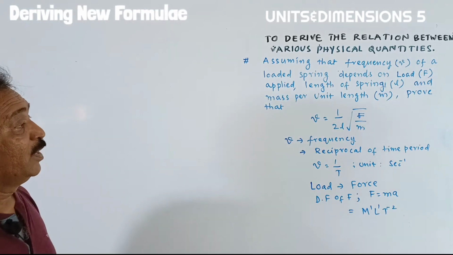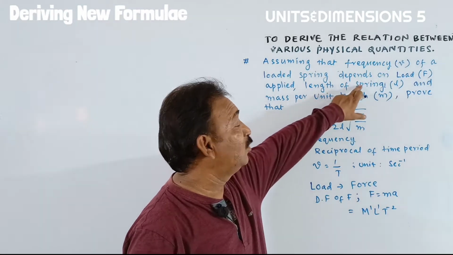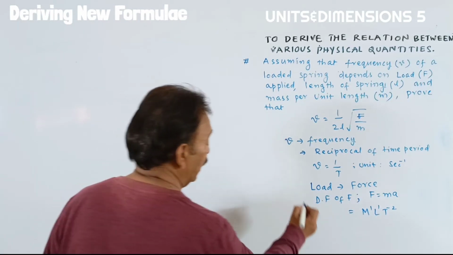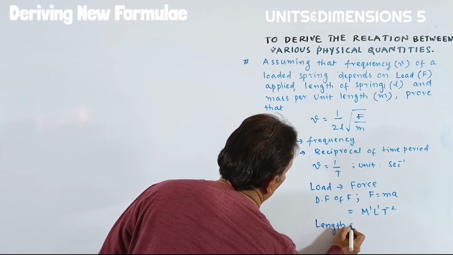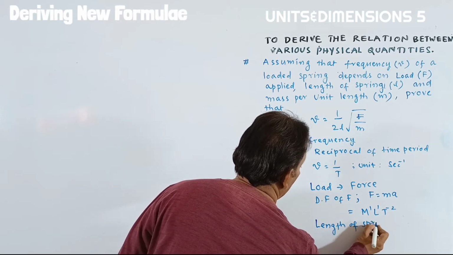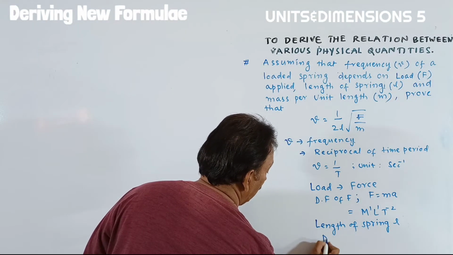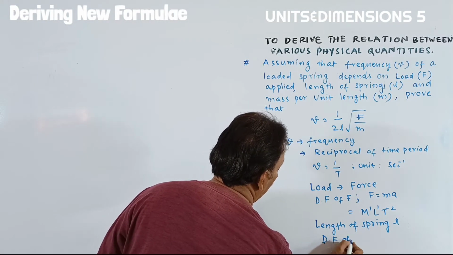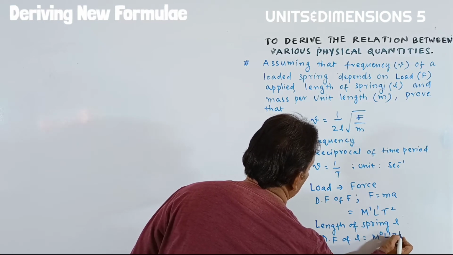Okay, students. And one more physical quantity is involved, that is the length of the spring. Length of the spring is L, and the dimensional formula of length is M^0 L^1 T^0.